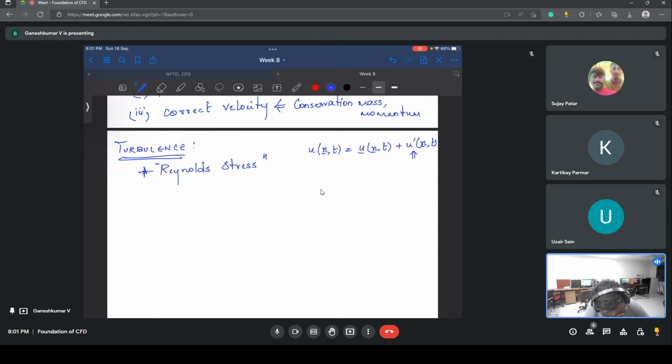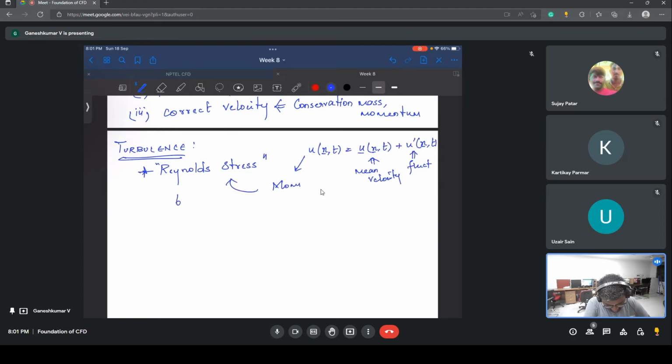We solve for the mean velocity, but the fluctuating component comes only when the flow is turbulent. If you plug this into the momentum equation, you will have an extra term called Reynolds stress, which is also unknown.